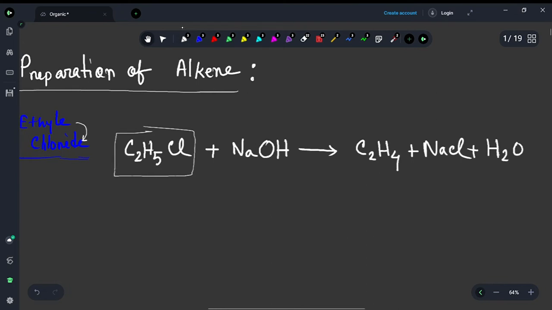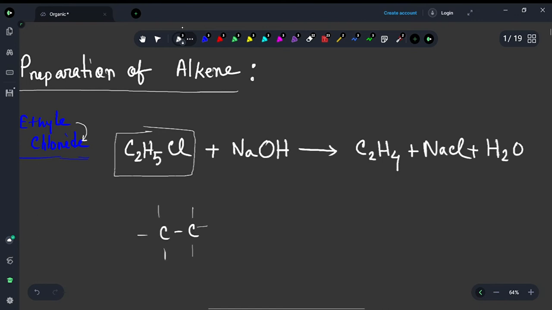So let me just briefly discuss this one only. So C2H5Cl is like this: C2H5 and Cl. So just like this, and there is Na bonds O bonds H, NaOH, and there, and what will happen?